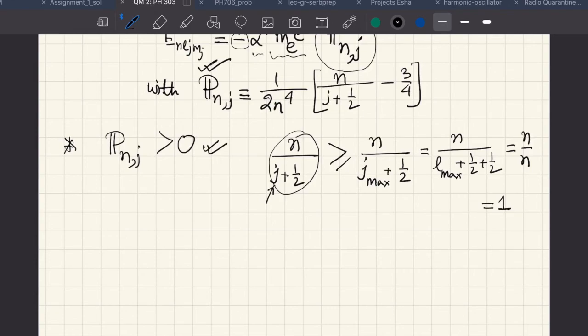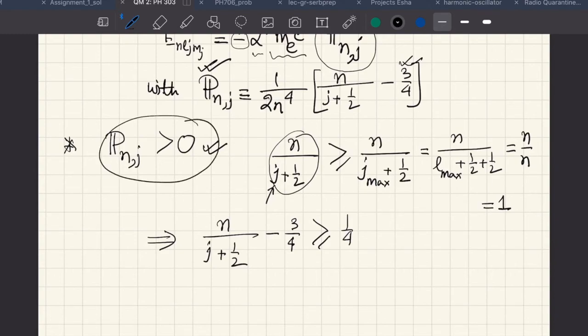So what does this imply? We have minus 3 by 4 here. So N by J plus half minus 3/4 should always be greater than 1/4. Always. So this immediately implies that P N J is always positive. Now for a fixed N, states with lower values of J get pushed even further down. That you can see from this expression itself.